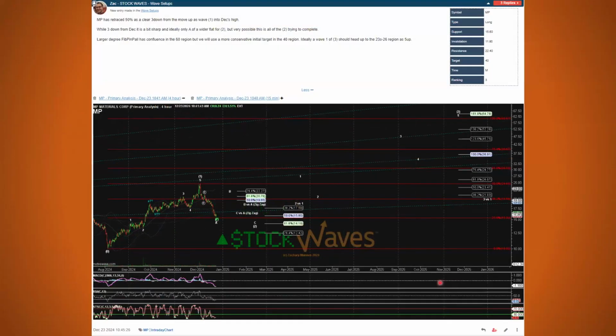And this is that MP chart that I mentioned. I did a nice article write-up on the evolution of this wave setup. We posted it initially back in December, and at the time noted that the ideal, more prudent path would be to expect only a B wave bounce and then the C wave of a wider flat, but that we had reached a 50% retrace that could possibly count.